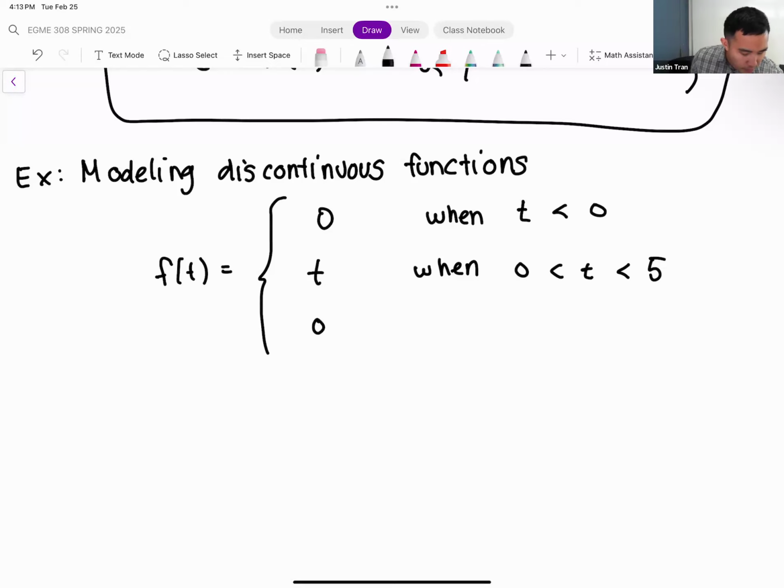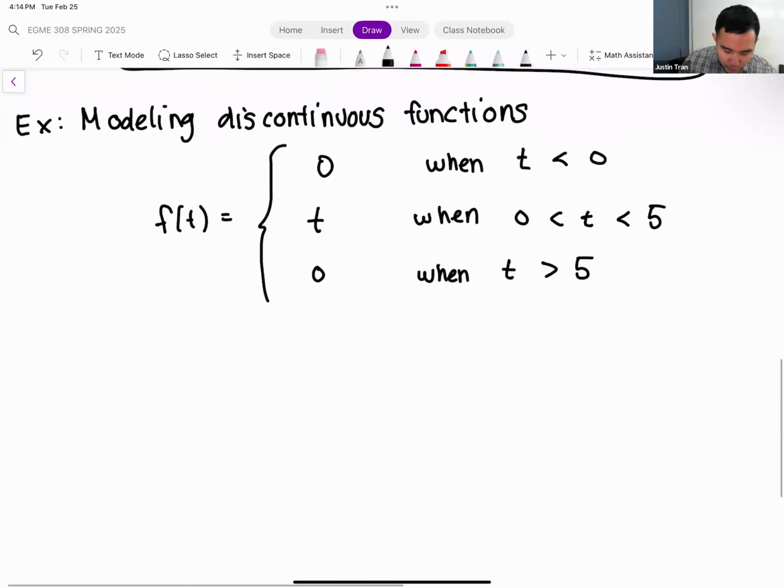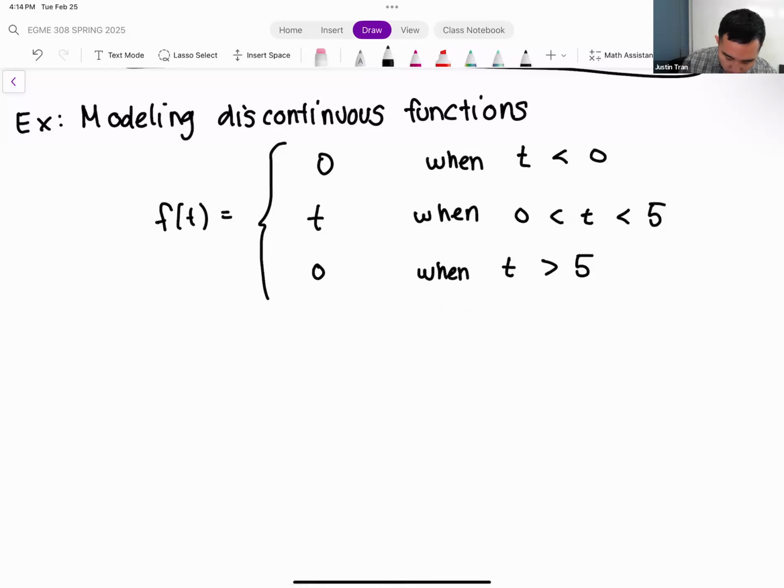And then we turn the function off again when t is greater than 5. This is a very simple case of what we call a discontinuous function, where its values are discontinuous. There's not just one smooth function throughout. So if we plot this, just so you can visualize it, it looks like the following.